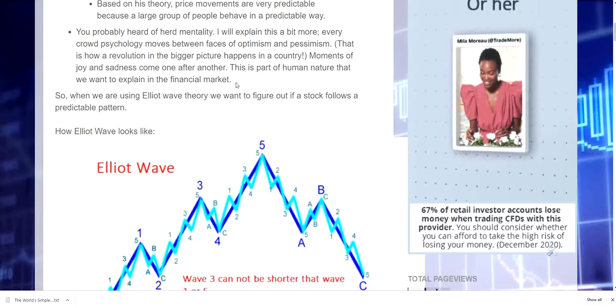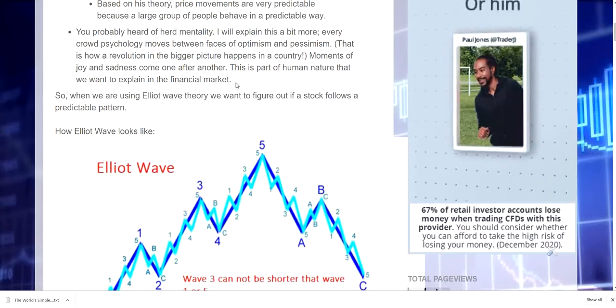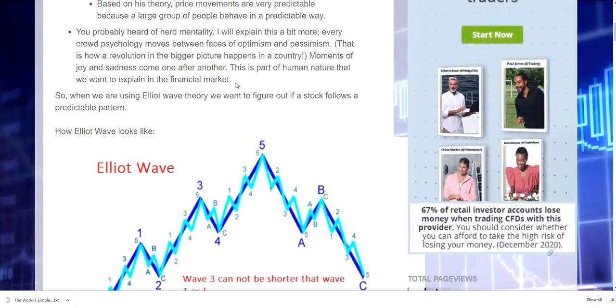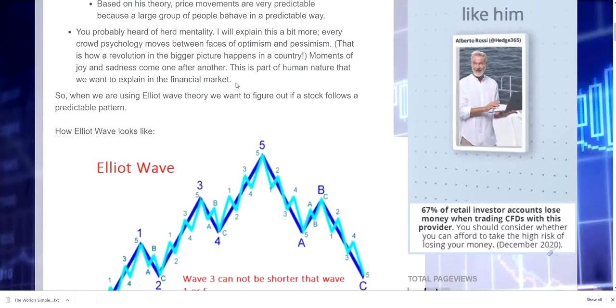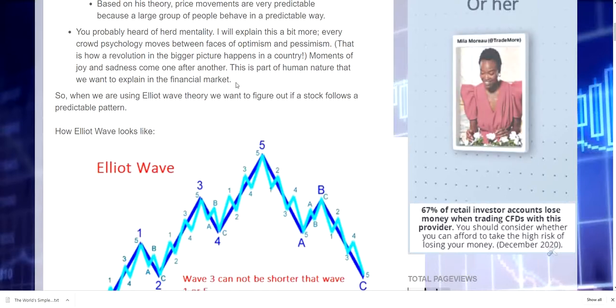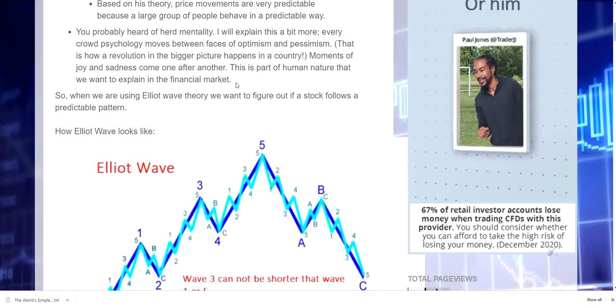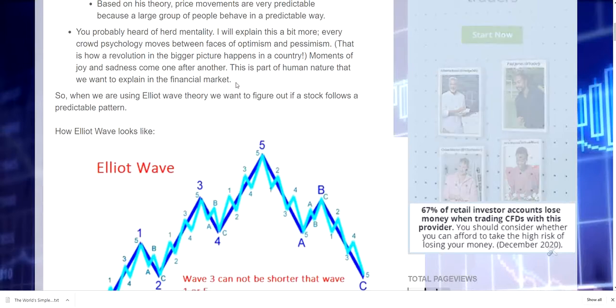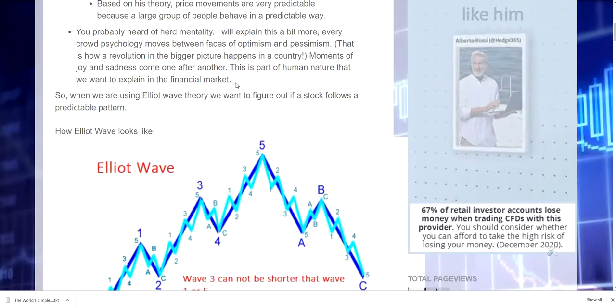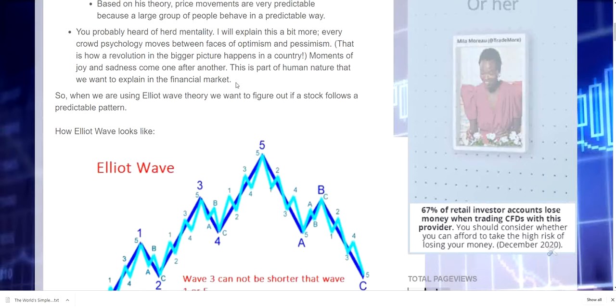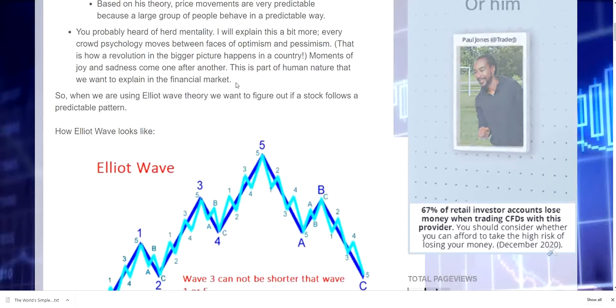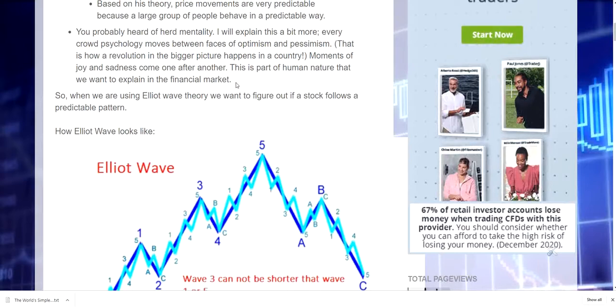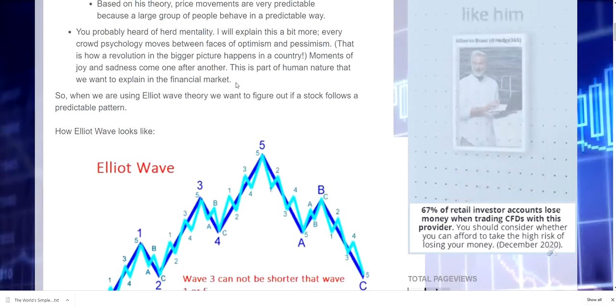So I'm not going to decide based on just one theory or one analysis in my own trades, but my trades are the outcome of many other factors that I have in my strategy. Anyway, if you want to use just Elliott wave as a strategy, it works. Most of the time you can get something out of it, and at the end of the day, if you put your emotions away, you're going to be successful.